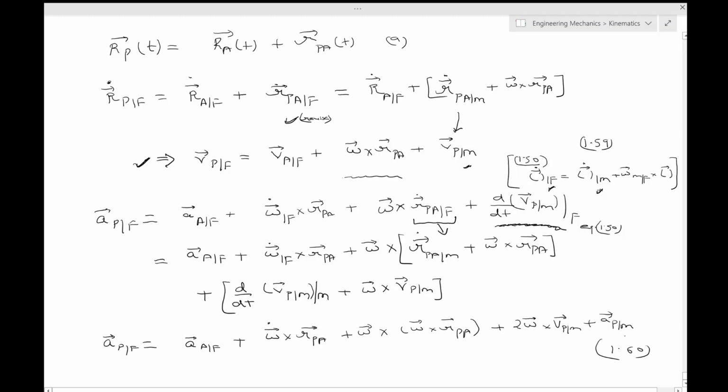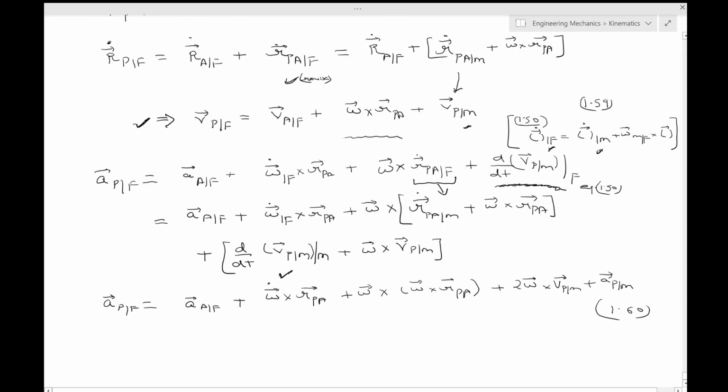And the very last term, the acceleration of p with respect to m, is essentially this particular term. So this is the acceleration of point p in terms of m. So this is the relation which we have. 1.59 is the relation between v_pf and v_pm, and relation 1.60 is the relation between the accelerations a_pf and a_pm. Obviously what you would require is the omega vector, the omega dot vector, and r_pa. So that is what we have over here.